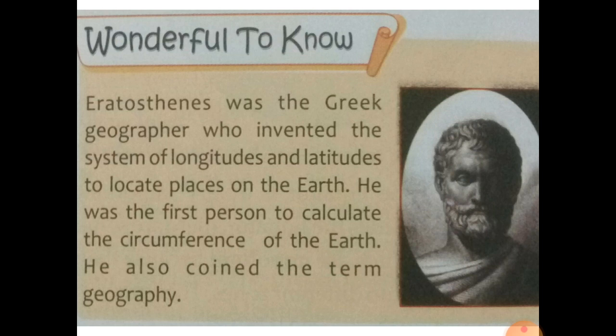With the system of latitudes and longitudes, he was the first person who calculated the circumference of the earth. He also coined the term geography. The subject name geography is given by him.